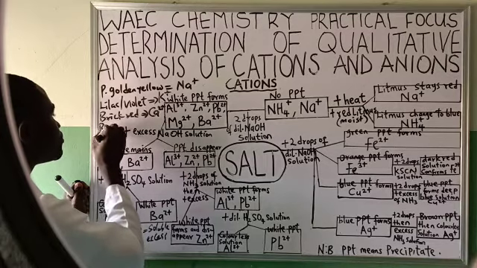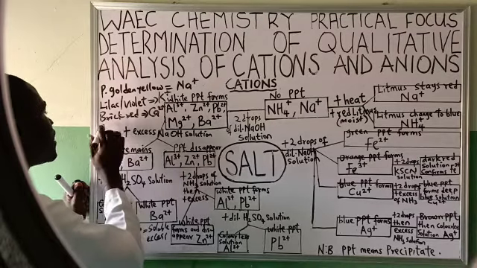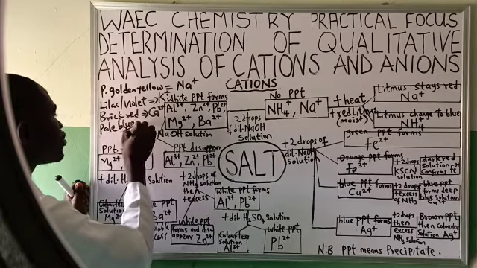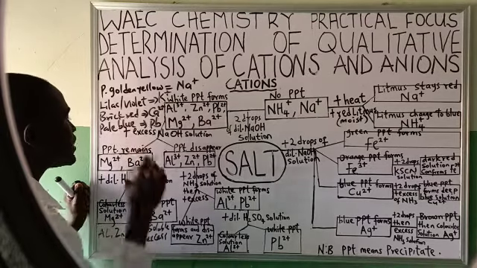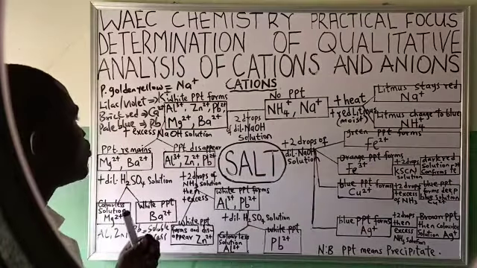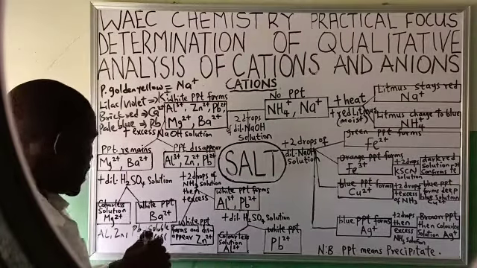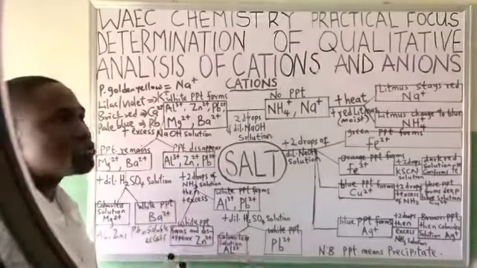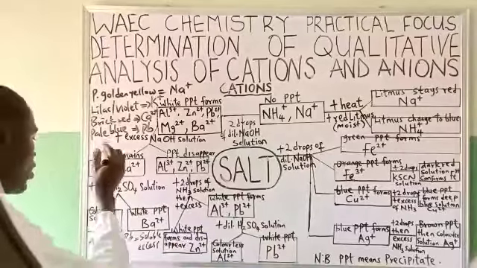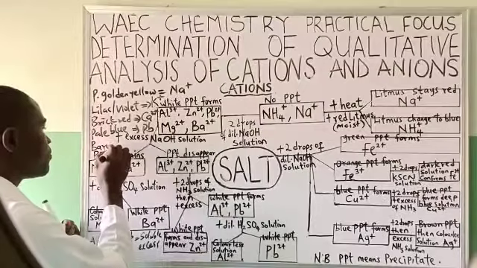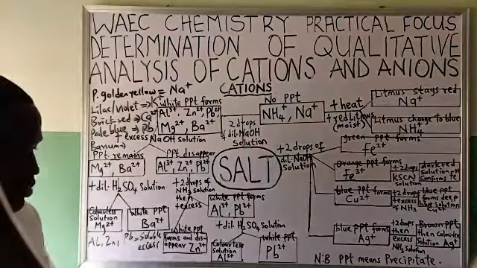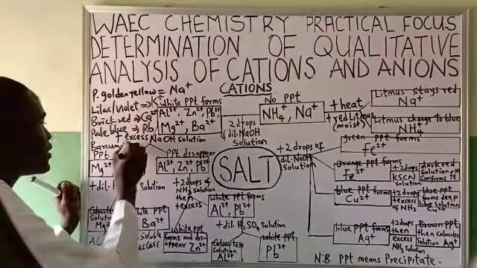If it is pale blue, it means lead. That means lead imparts a color to the flame. Bismuth and antimony also have pale blue. Note also that barium will impart pale green.